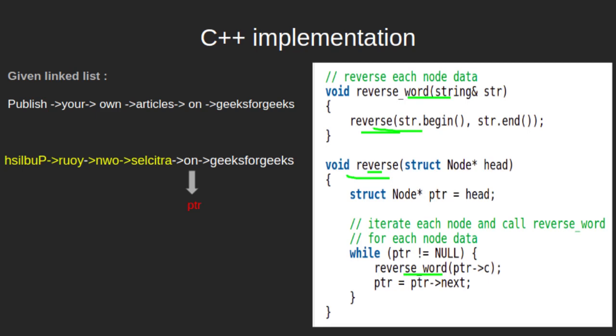Next, on is reversed. And finally, the last node data Geeks for Geeks is reversed. And we stop the traversal since we have traversed the whole linked list. So the modified linked list contains the reverse of each word as that in the original linked list.